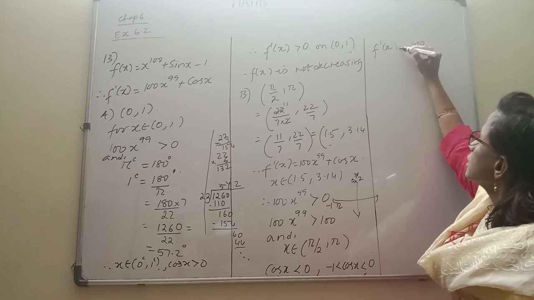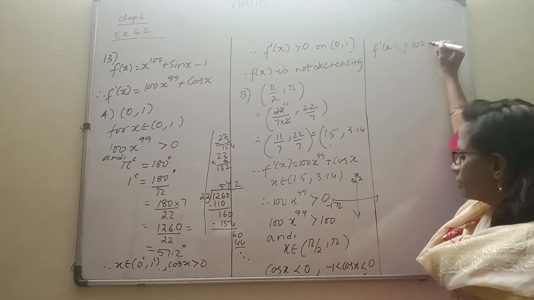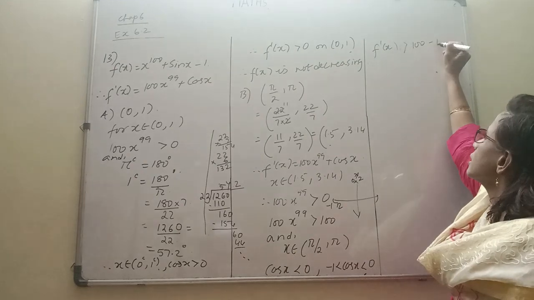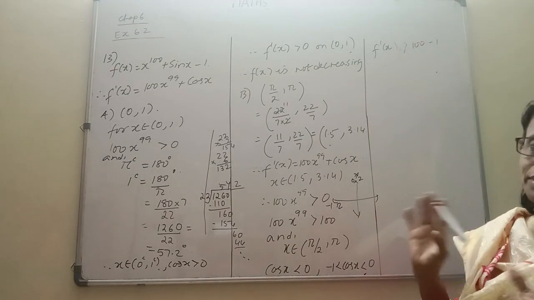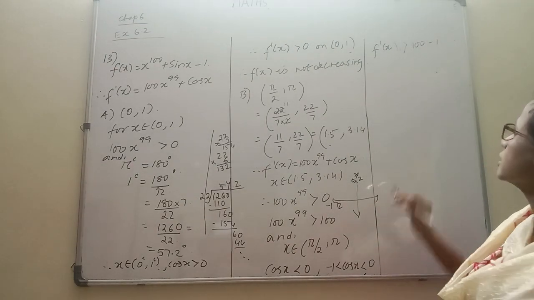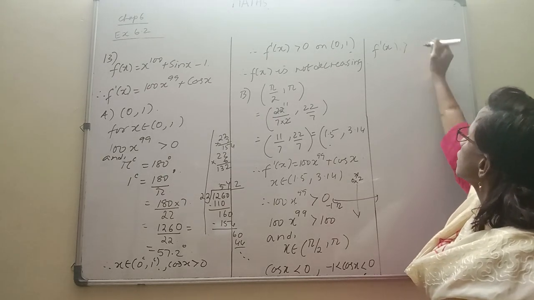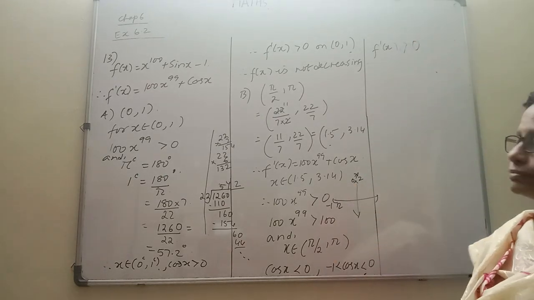It will be an answer which is something more than 100, and the least value that cos x can take is -1. So when you judge, it is definitely going to be a positive value.